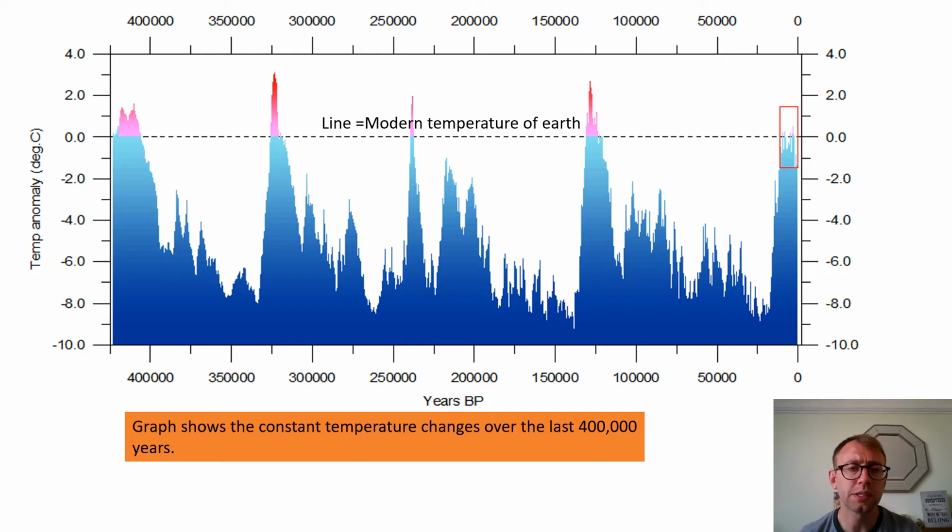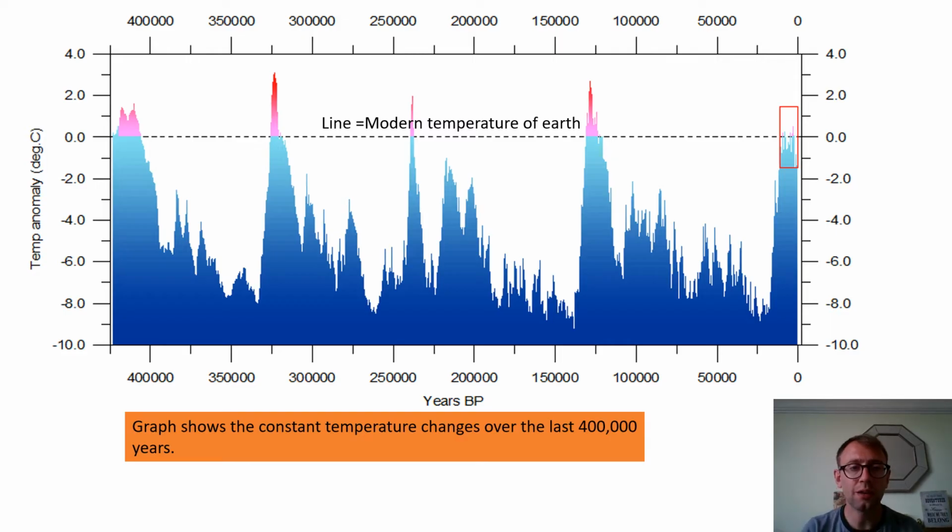The periods of warming tend to happen very quickly. You can see around this point here, around 325,000 years ago, just before that it was extremely cold, but in that short period of time, it shot up.